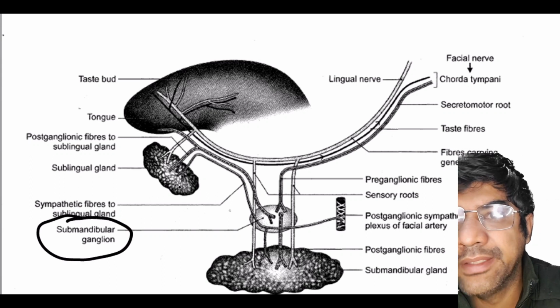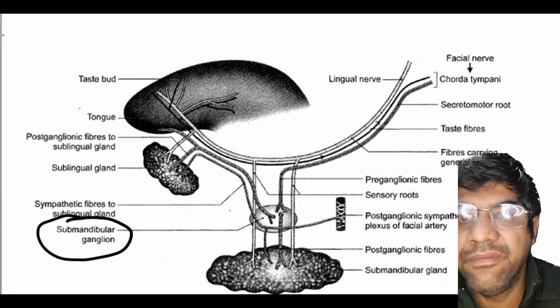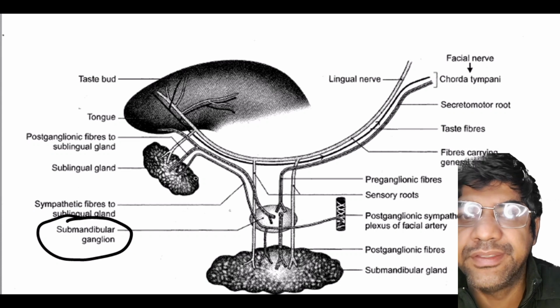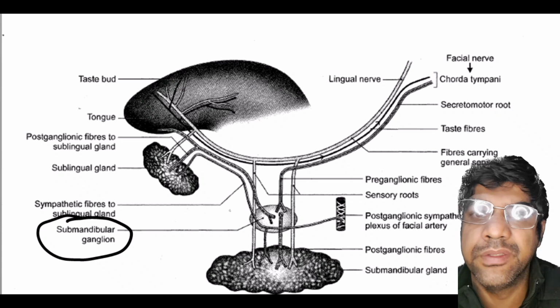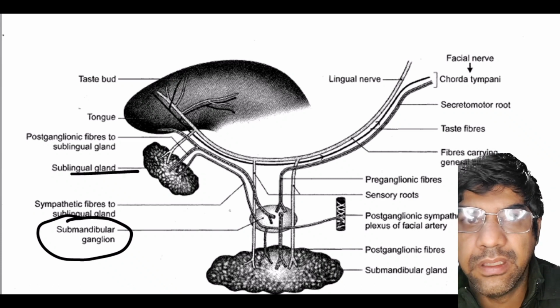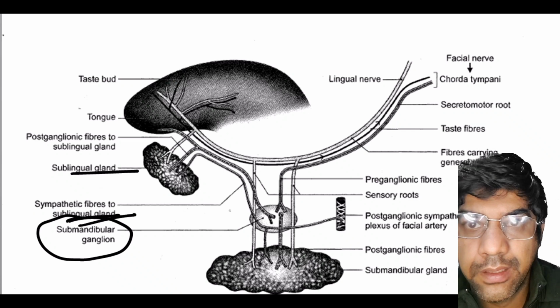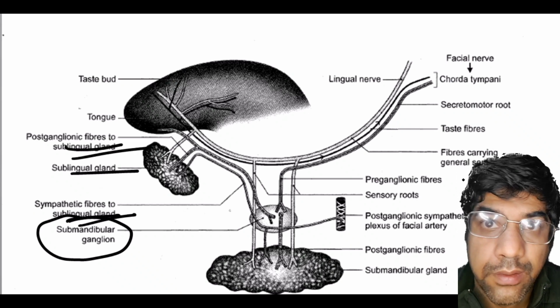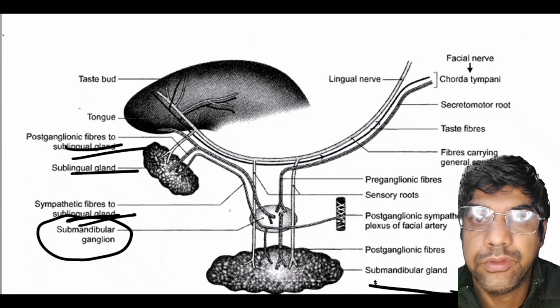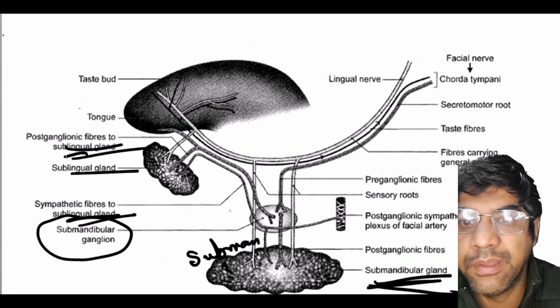So remember, it is a parasympathetic peripheral ganglion. It acts as a relay station for secretomotor fibers to the submandibular and sublingual gland, so both to the submandibular and the sublingual gland.